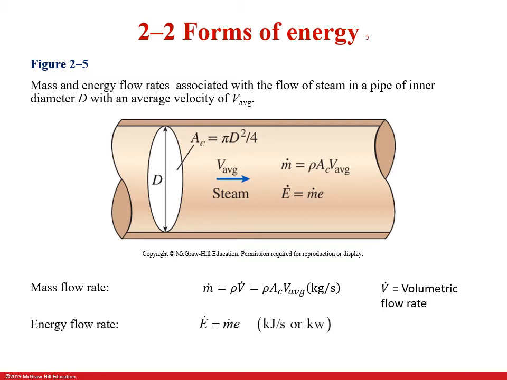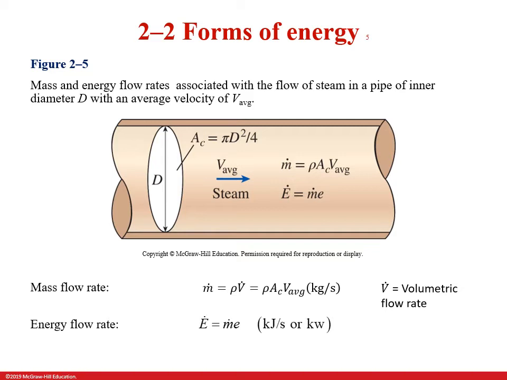So the mass flow rate is going to be the density, whatever the density of that steam is, times the volumetric flow rate. This might be cubic meters per hour or cubic meters per second. We can rewrite the volumetric flow rate, instead of cubic meters per second, as an area times the average velocity.